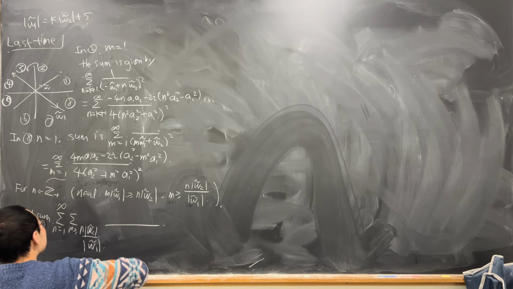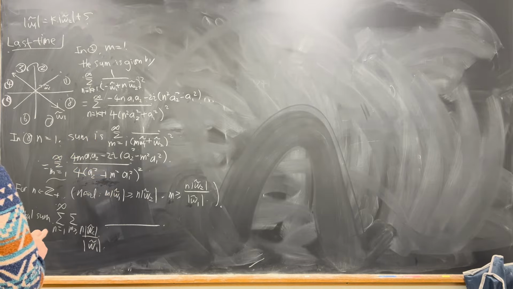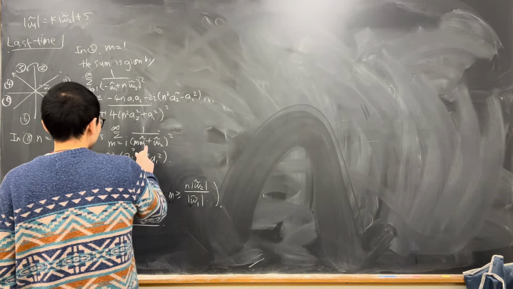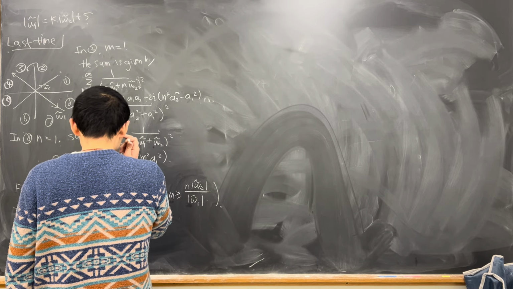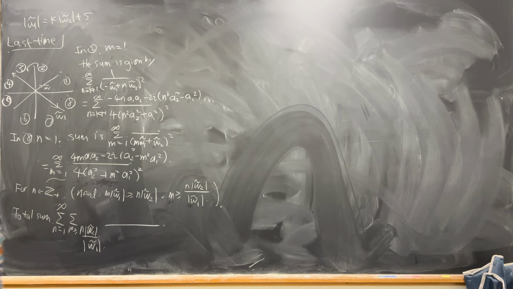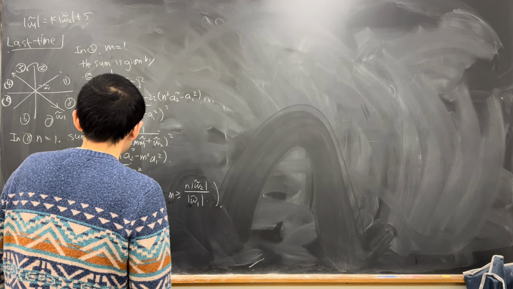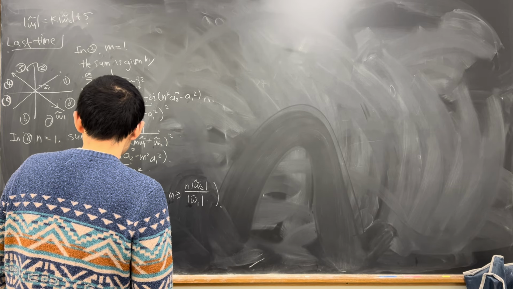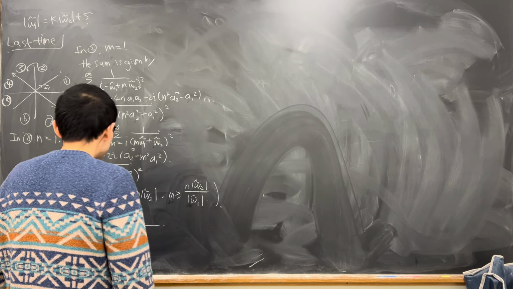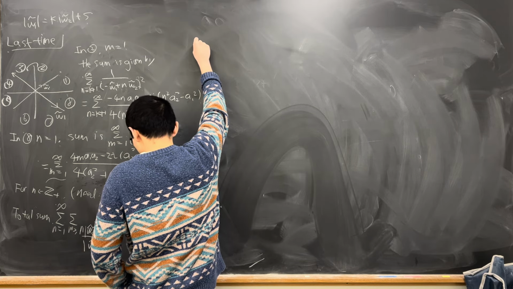wait. I think that I need some computation because this omega 2 is not 1 anymore, right? So here I need some computation. So let's see, okay, so computation here.